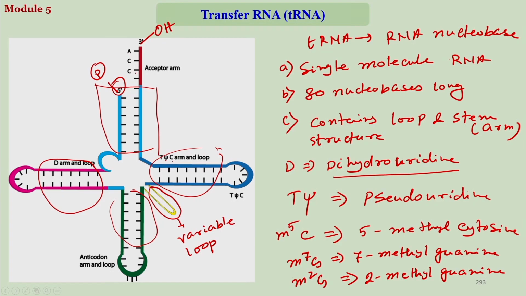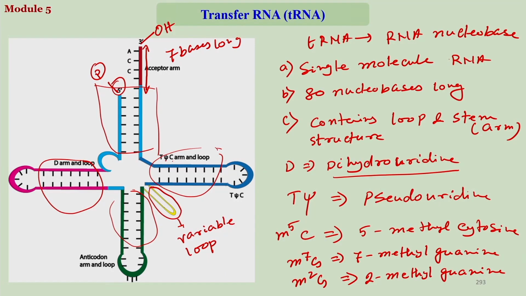There is a single stranded dangling part of the RNA that is left over here, and this is usually 7 bases long, this region. And at the end, the last 3 bases are always ACC.